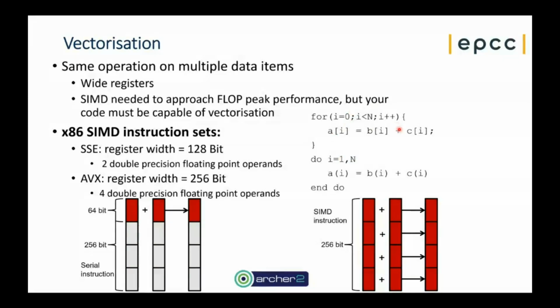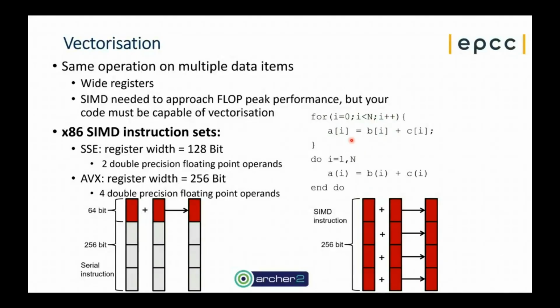Each time we load a different bit of B and C, do an add operation on them, and store the result to A. So we've got two loads, an add and a store, and exactly the same instructions will be done every time we go around this loop, starting at 0 and all the way up to n.